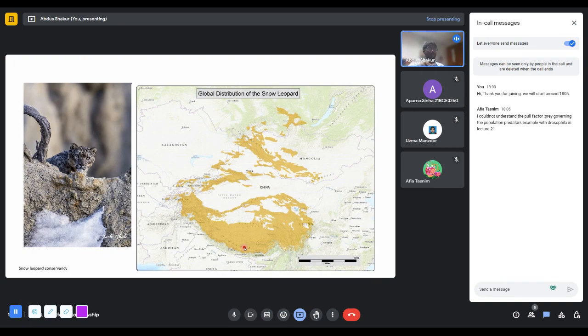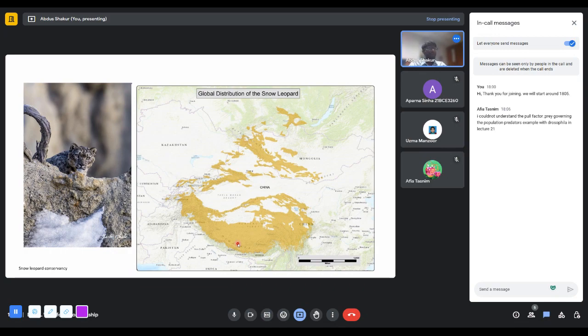If you want to understand why the snow leopard is present in these areas, you might need to understand how the evolution of leopards happened in general, the leopards as a group, and how their dispersal happened, what type of habitat this species prefers, and what kind of habitat is present in this distribution range. Let's assume that the snow leopard prefers high, steep slopes with a lot of mountainous terrain. If you look, most of these regions are mountainous and have steeper slopes.